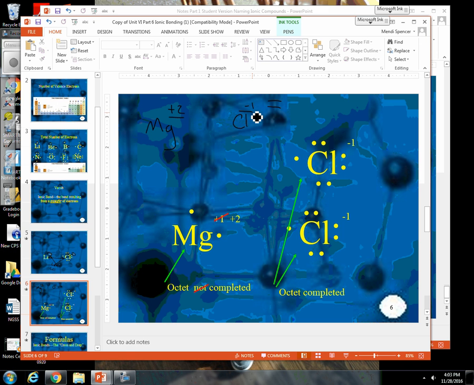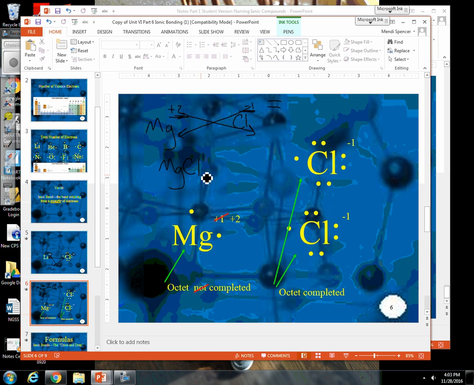However, one way to make this easier is once again to cross those charges. Those charges will become your subscripts. So magnesium will have a subscript of 1 from our chlorine. But anytime your subscript is 1, you do not have to write it. However, chlorine has a subscript of 2 from magnesium.